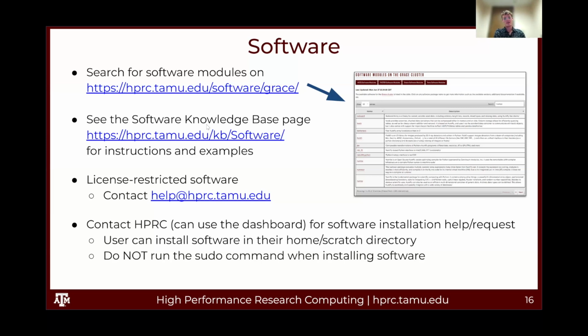So whenever you submit a job on Grace, it'll tell you how much was charged to your account. If you submit a job for, like I said, 10 CPU cores for 24 hours, it'll say, okay, you get charged 240 SUs.